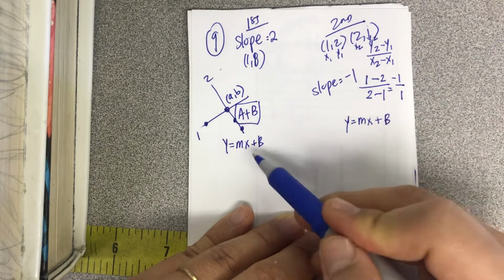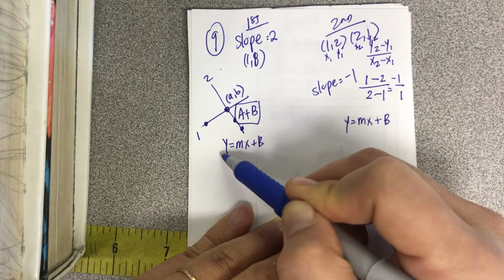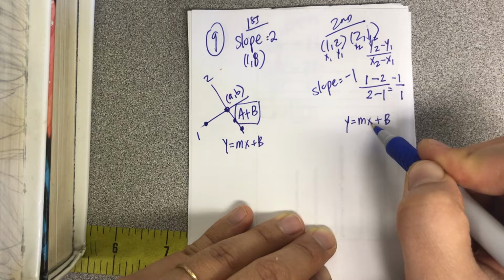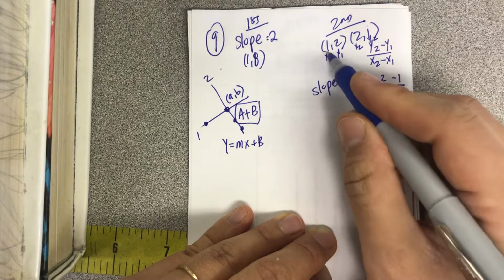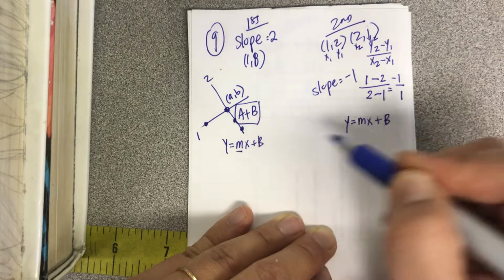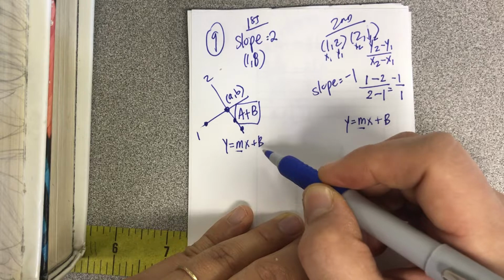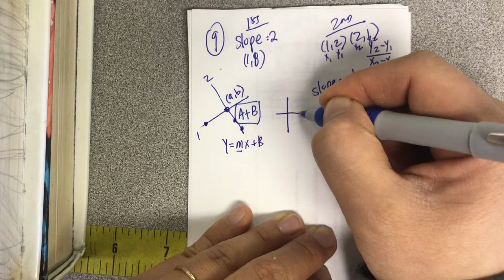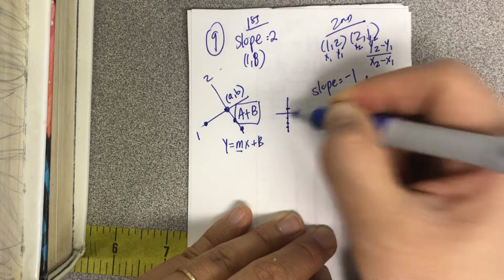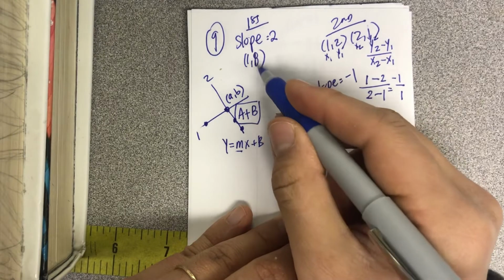Let's review what these all are. The x and the y are the points, the 1 and the 8. You guys can get your phones, thank you very much. This is going to be any of these x's and any of these y's. The m is the slope, and the b is the y-intercept, where the line crosses the y-axis.